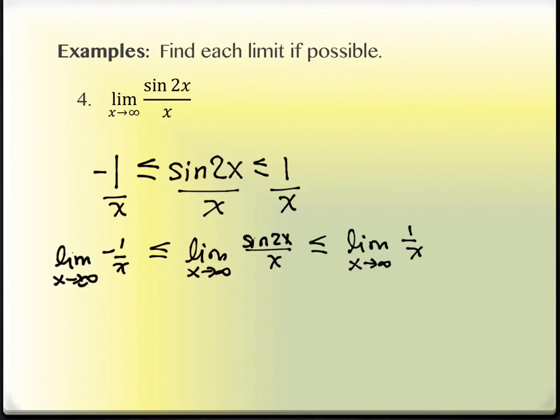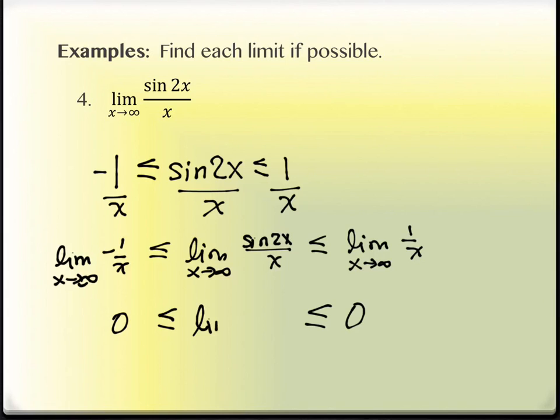What's the limit on the left-hand side of 1 over x? 0. It's 0. What's the limit on the right-hand side of 1 over x? Also 0. So if I am sandwiching something in between 0 and 0, it has to be in between the two, both bigger and smaller than 0. It must mean that the thing in between is also 0. There's no room for it to be anything else, right?